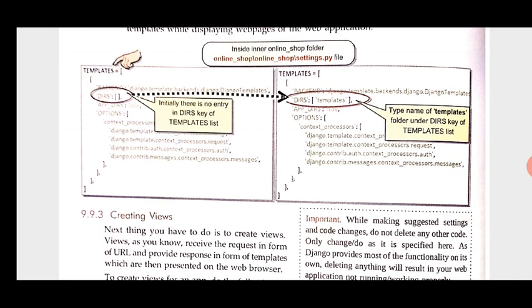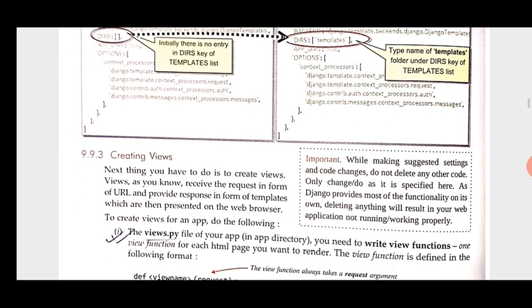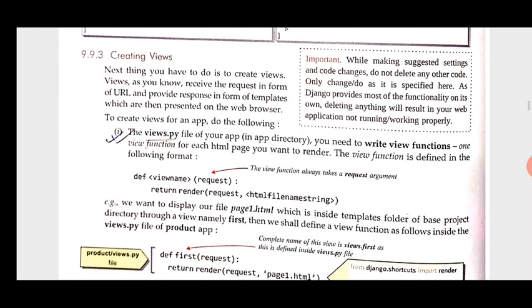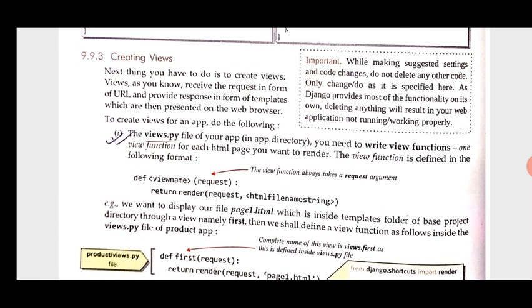Next one is view creation. What is a view? As we know, a view refers to a function which receives an HTTP request and returns an HTTP response. Views access the data needed to satisfy the request via models and format the responses using templates.